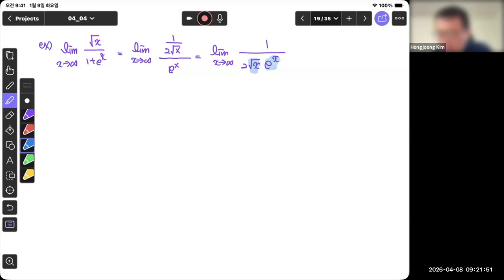Now, the square root of x diverges to plus infinity, and e to the x also diverges to plus infinity as x approaches infinity. So the denominator just increases without bound. The numerator is a constant 1, so the limit will be 0.